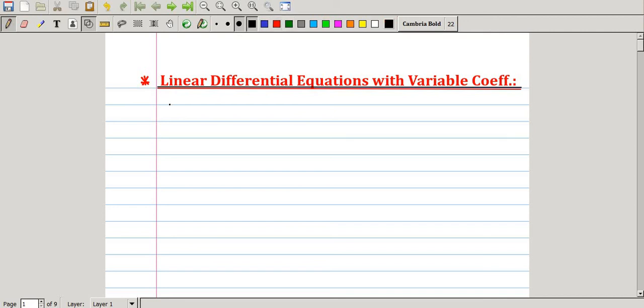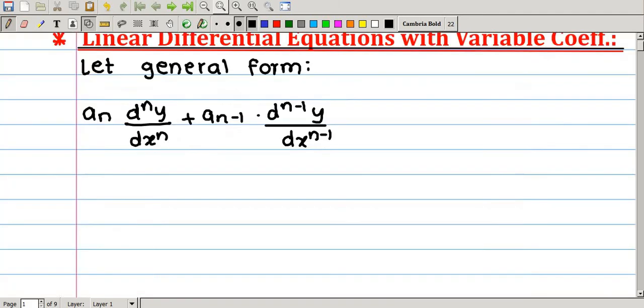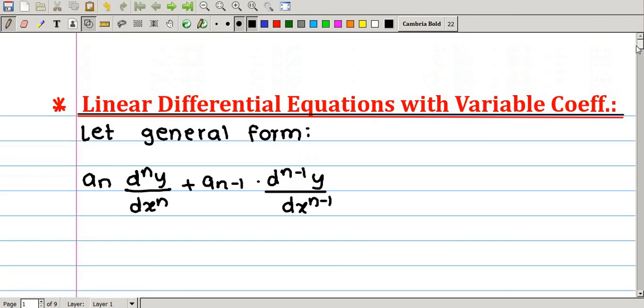So if we recall, the general form of a linear differential equation with constant coefficients was, let the general form be: an into the nth derivative of y with respect to x, plus an minus 1 into the n minus 1th derivative of y with respect to x, and so on, a1 into the derivative of y with respect to x plus a0 into y is equal to f of x.